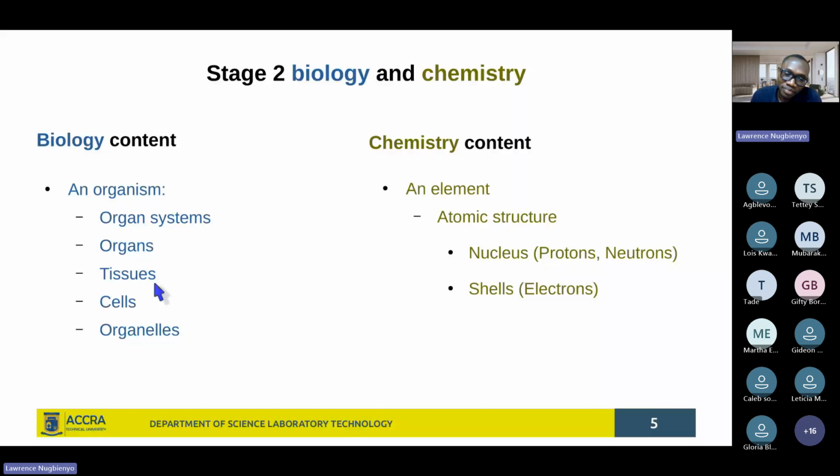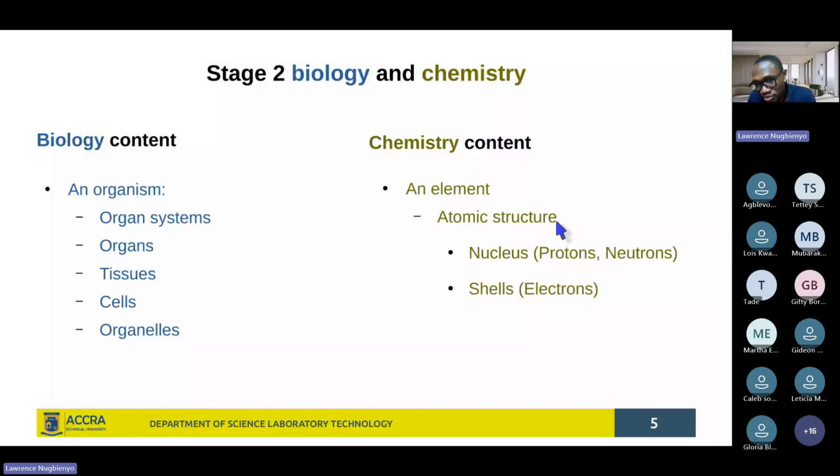In chemistry, when you take an element, what are the elements made up of? They are made up of atoms. And so you study the structure of the atoms of these elements. And when you're looking at the atomic structure, you are looking at the nucleus. So every element has some specific number of protons in its nucleus and some neutrons.